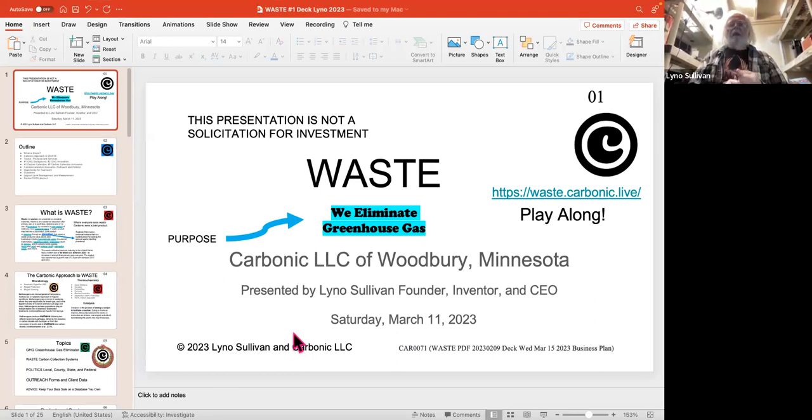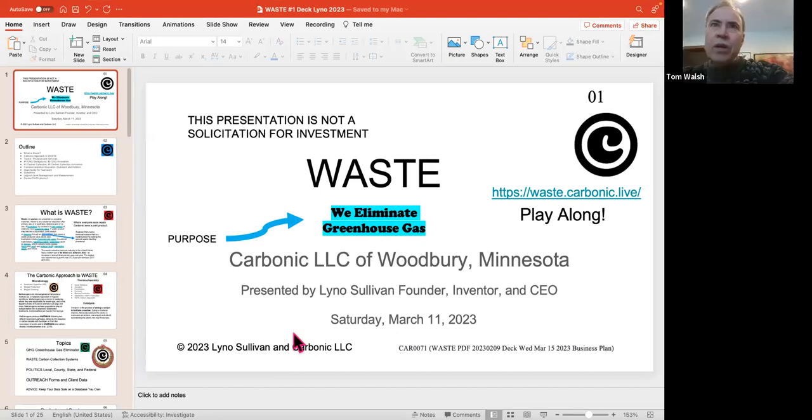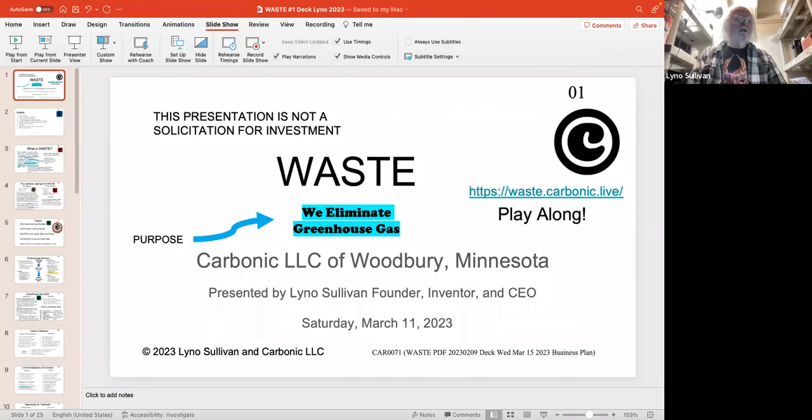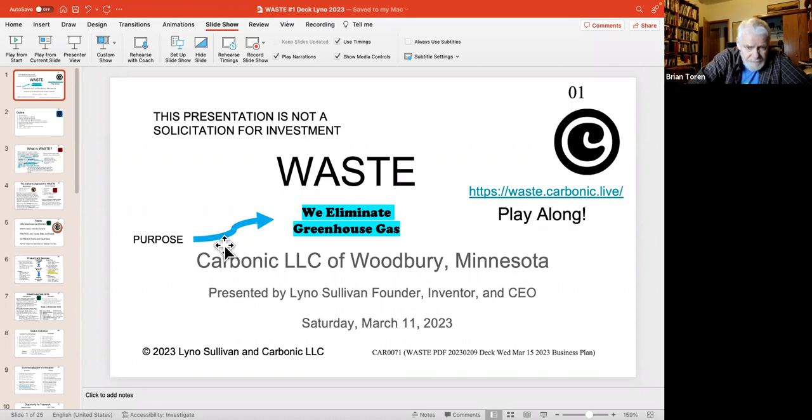So my view has not changed. Oh gosh, here we go. So I've got to find my share button. I've got to resume share. Okay, can you see my screen now? Yes. Okay, and now it's moving.